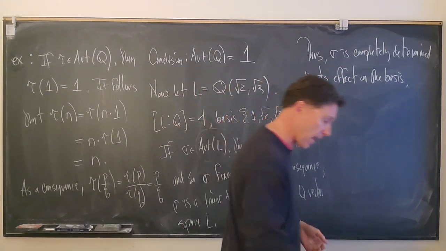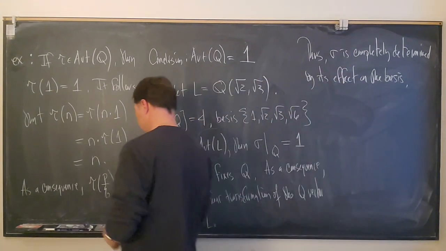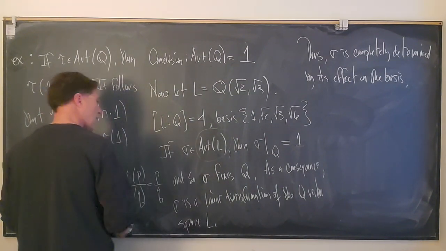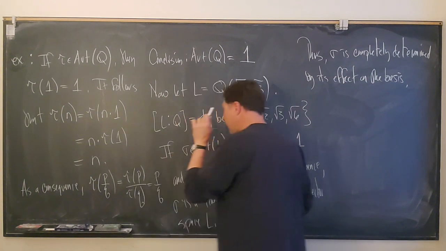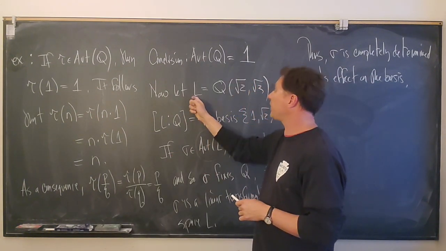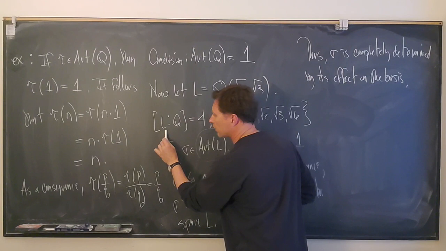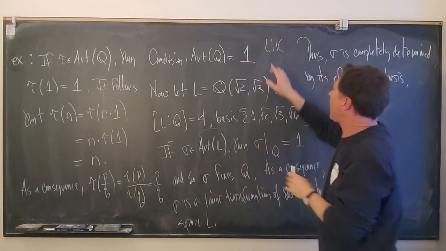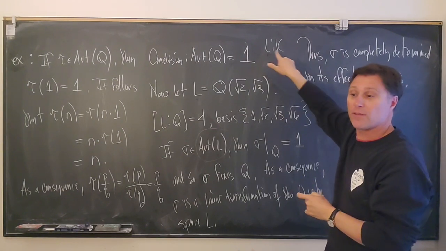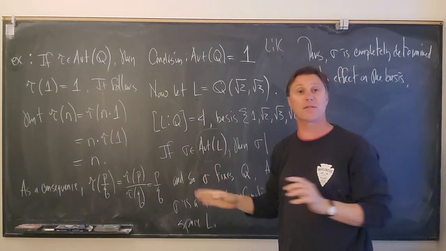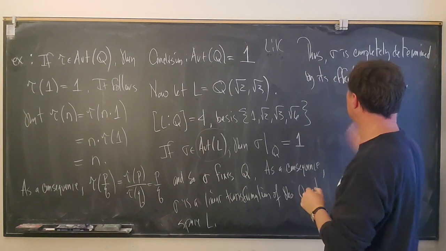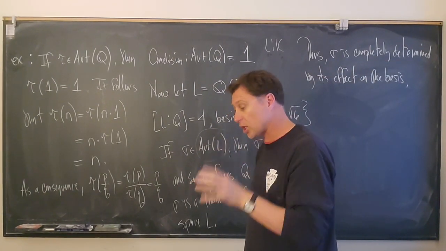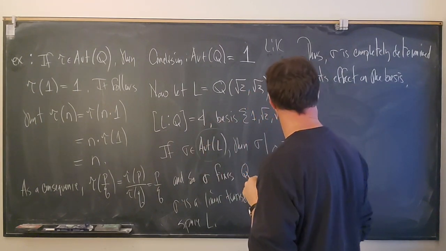We know everything about this automorphism. And this is the great thing. If we've got an extension L over K, remember this: anytime we have an automorphism of L that fixes K, then that automorphism behaves like a linear transformation. And so then we get to say, we know something about linear transformations. They are determined by the effect on a basis.